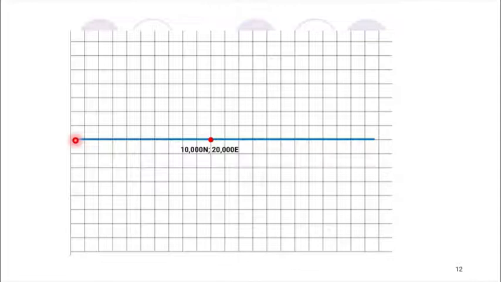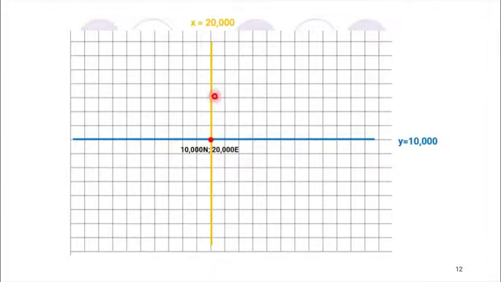Back here, if I draw a line that passes through that point, we can say that all points along this blue line have a y coordinate of 10,000. Likewise, the points along this orange line have an x coordinate of 20,000.